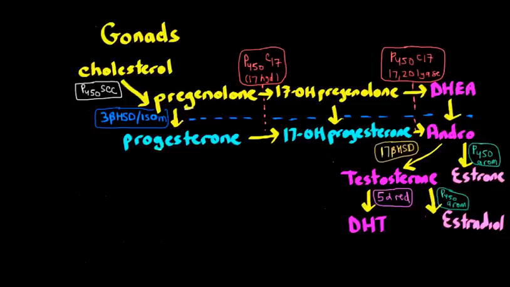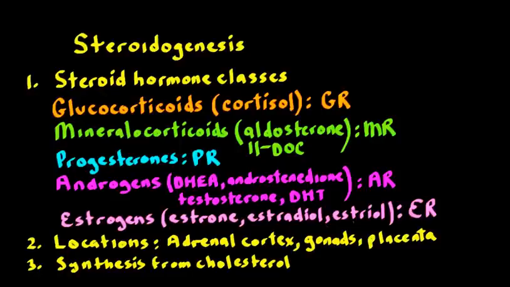Okay, so going back to where we started, we discussed steroid hormone classes: glucocorticoids, prototypically cortisol; mineralocorticoids, aldosterone, and you'll see in disease states 11-DOC, particularly enzyme defects and congenital adrenal hyperplasia.